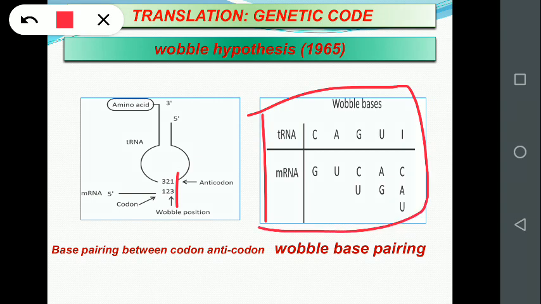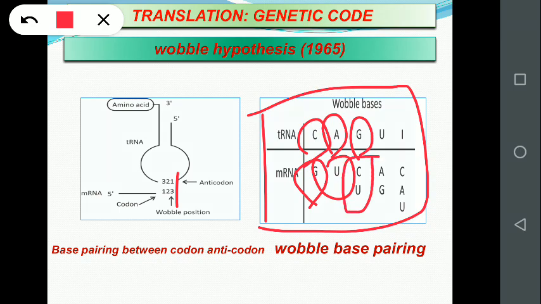If the mRNA Wobble base is G, then C can recognize it. If the tRNA has A, it recognizes only U. But if it has G, it can recognize either C or U. That is why it can recognize two codons, but inosine can recognize three codons.